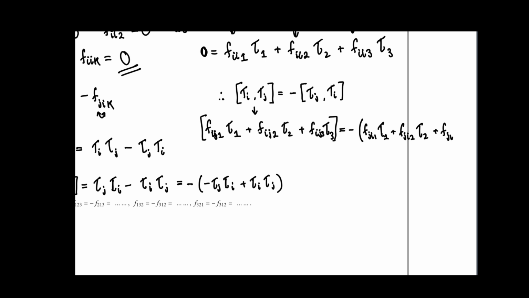And that's equal to minus f_ji1 tau 1 plus f_ji2 tau 2 plus f_ji3 tau 3.